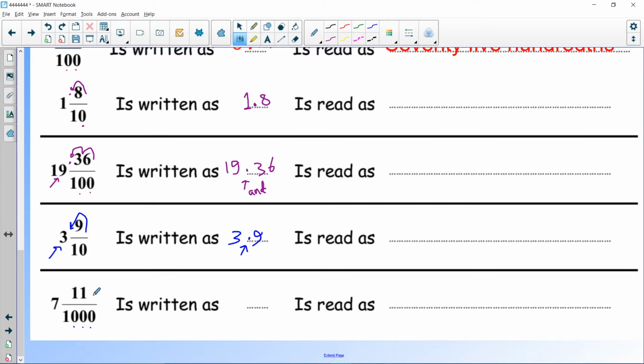Move from right to left, 1, 2, 3. I can't leave this place, put 0. This is the new decimal point. 0.011. The whole number is 7. It is read as 7 and 11 thousandths.